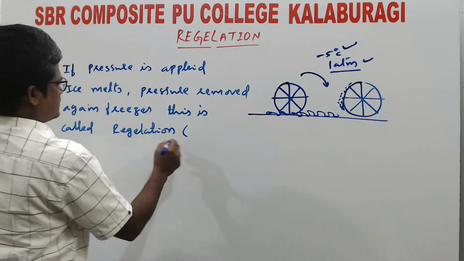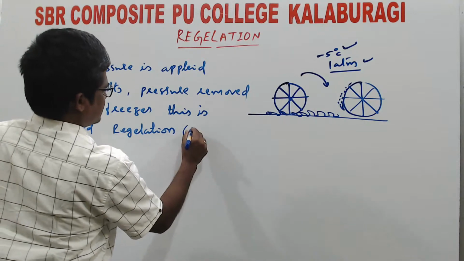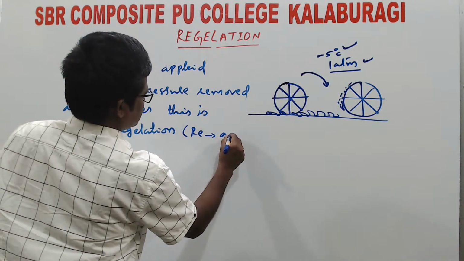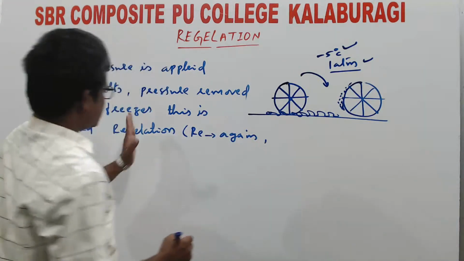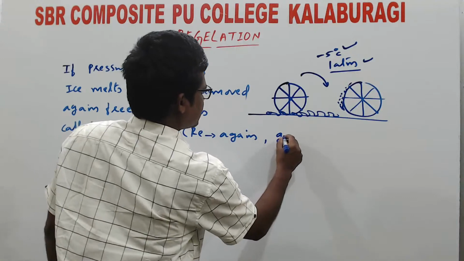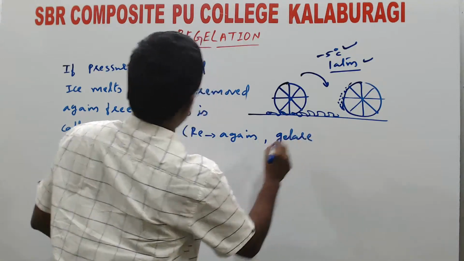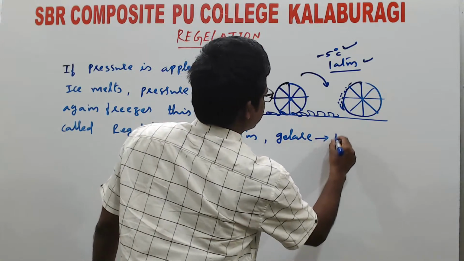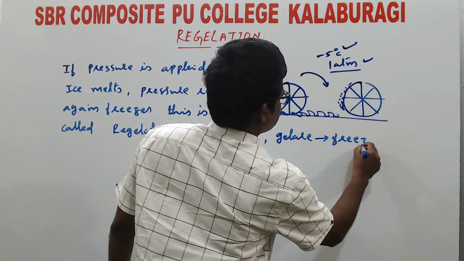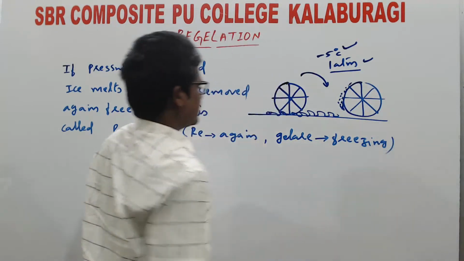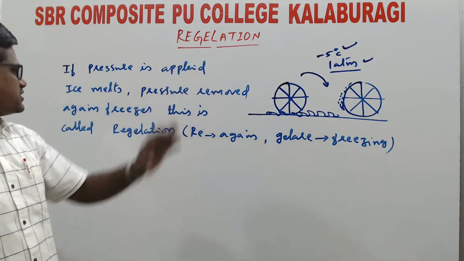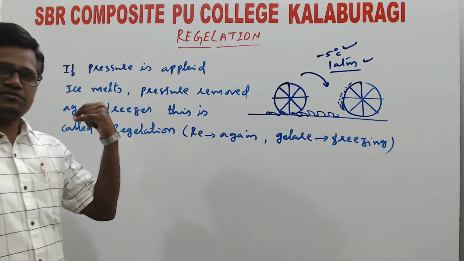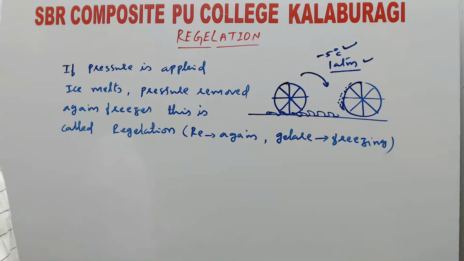Here, re means again, and gelate means freezing, so refreezing. If pressure is applied, ice melts, and when pressure is removed, ice freezes again. This is called regelation.